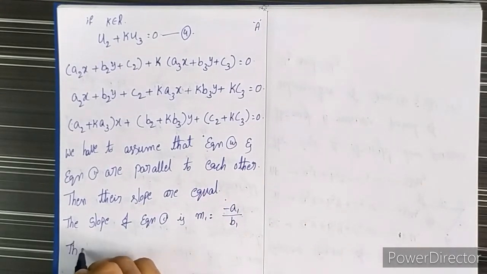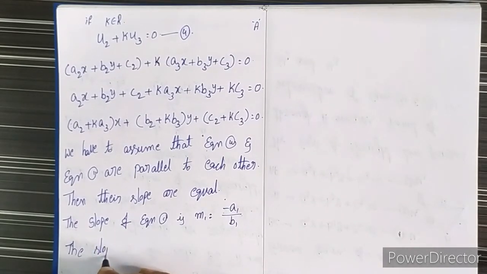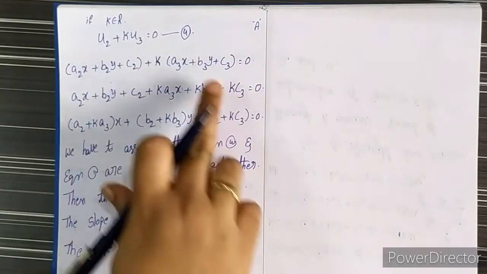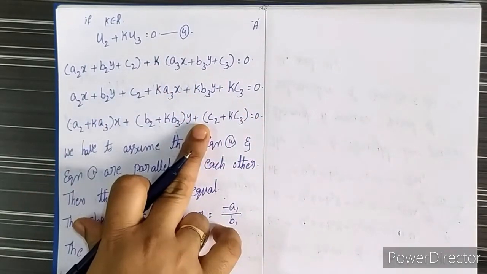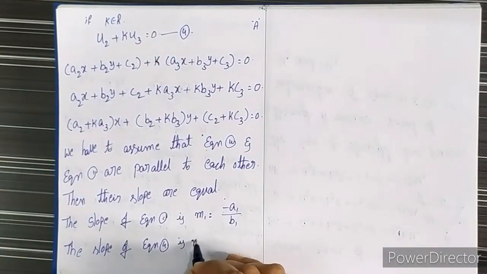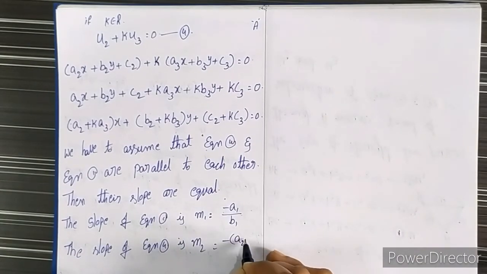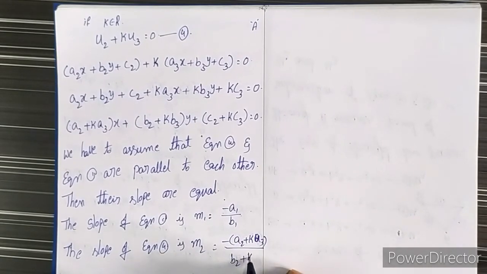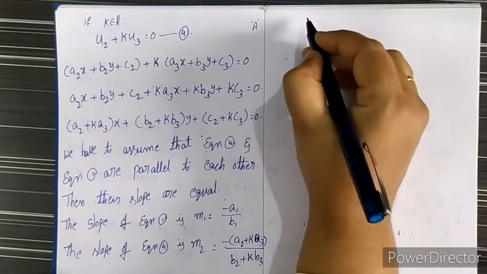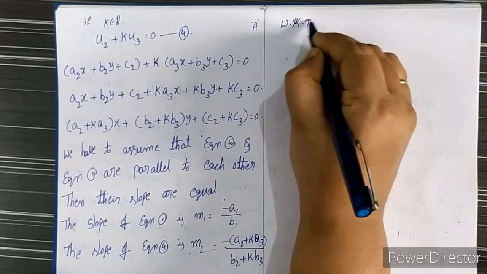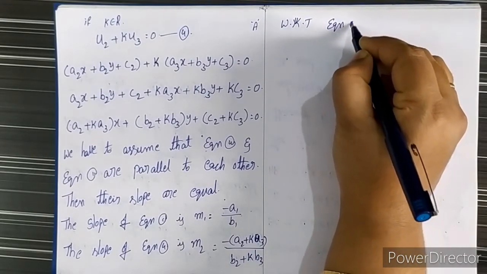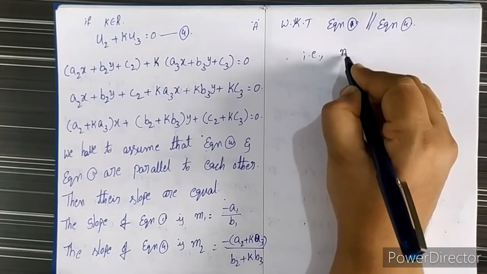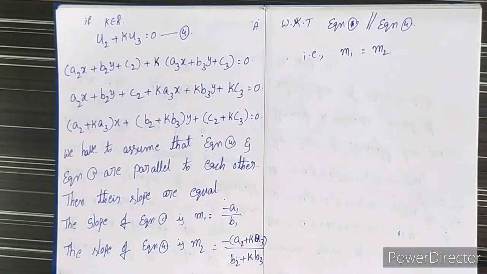In the same way, the slope of equation 4 is m2 equal to minus of (a2 plus k a3) by (b2 plus k b3). If equation 1 is parallel to equation 4, then their slopes are equal, that means m1 equal to m2.